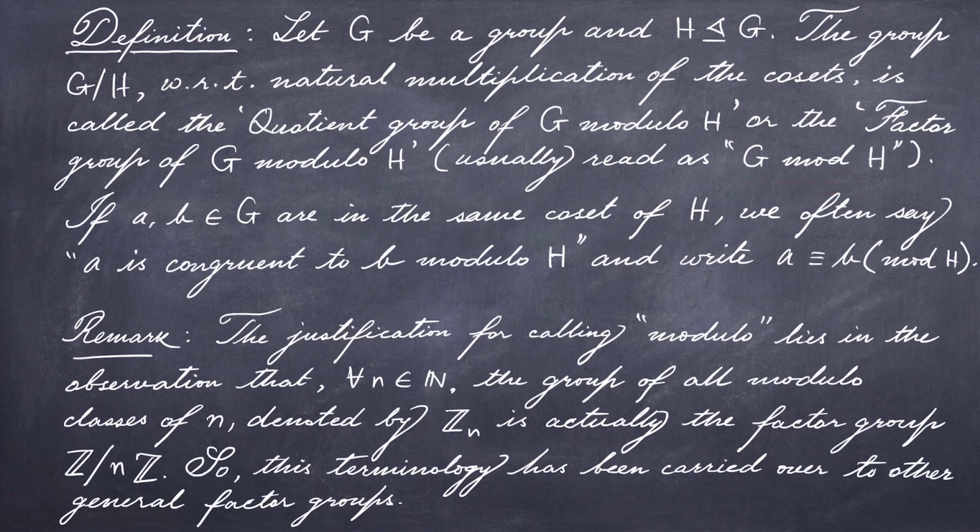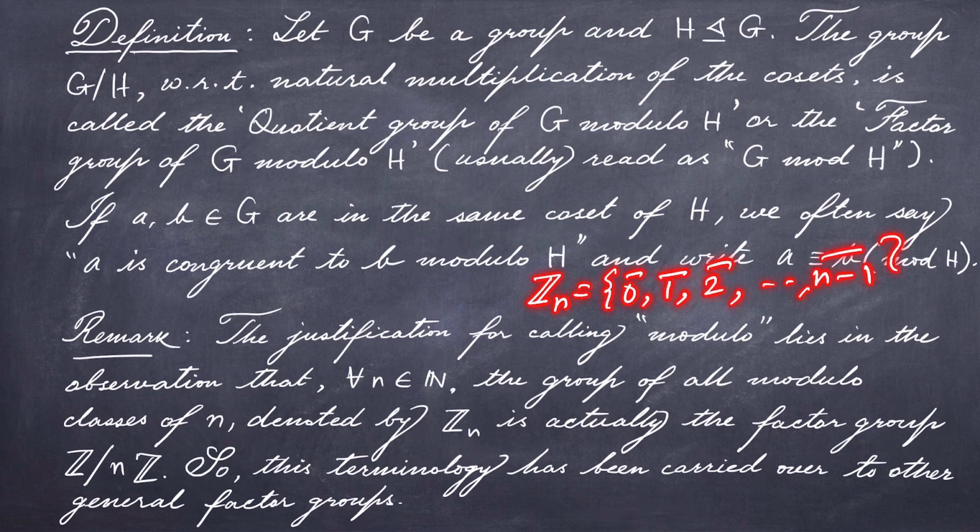And if A and B are in the same coset of H, that is AH equals BH, then we often say A is congruent to B modulo H, and write this. You might be quite curious why we are using this word modulo. This is precisely because of the following: for any natural number n, if you remember, Zn is nothing but the set of all equivalence classes, right?